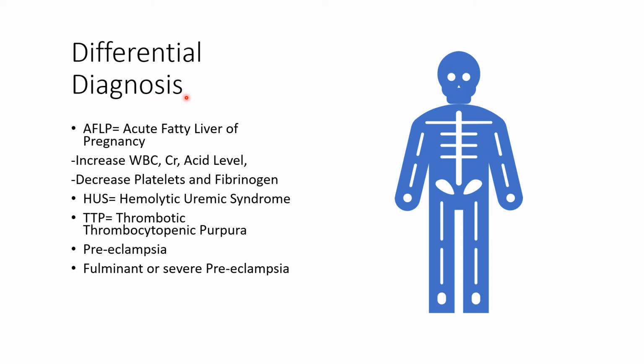The possible differential diagnosis of HELLP syndrome will include acute fatty liver of pregnancy. In that case, there will be increased white blood cells, creatinine, and uric acid level, with decreased platelets and decreased fibrinogen. Another differential will be hemolytic uremic syndrome, thrombotic thrombocytopenic purpura, preeclampsia, fulminant or severe preeclampsia.